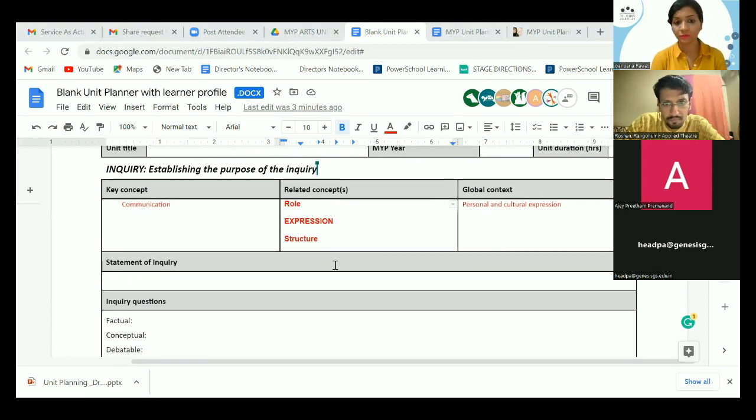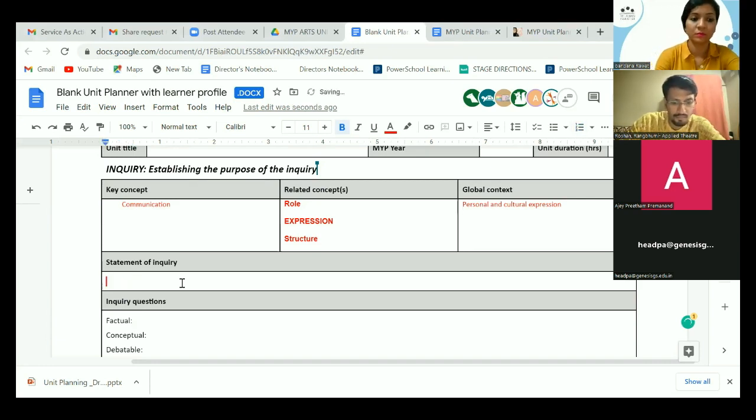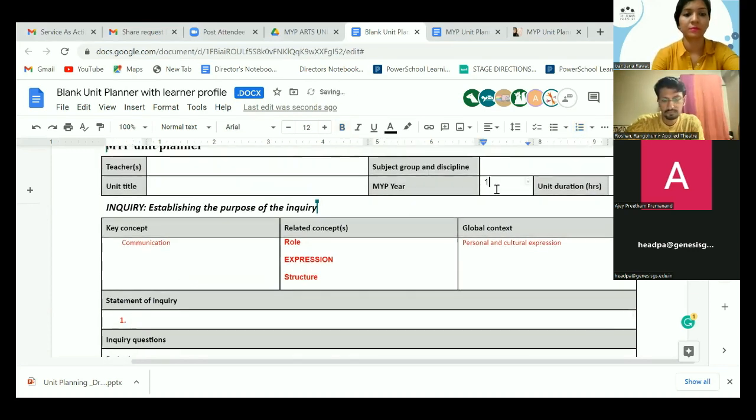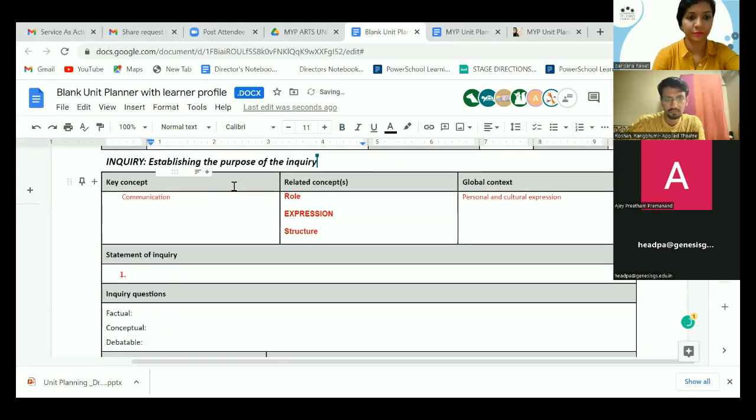So I have coined one statement of inquiry. Maybe anyone else could try out something. You can just write statement of inquiry 1 and then 2. All right, this is something I really want to focus on, Ms. Vandana and everybody, maybe help.